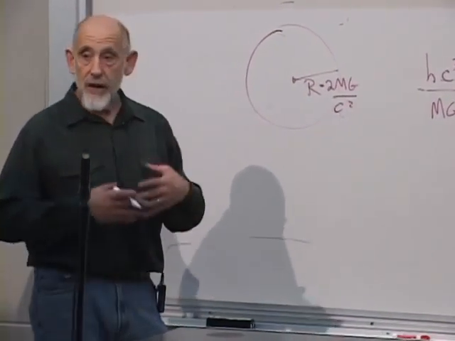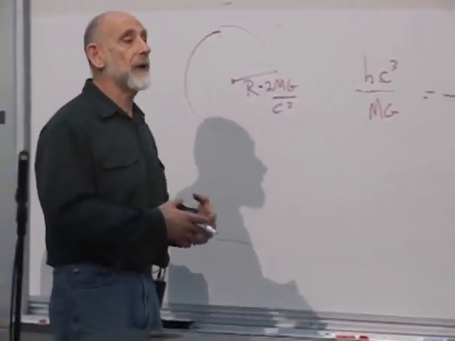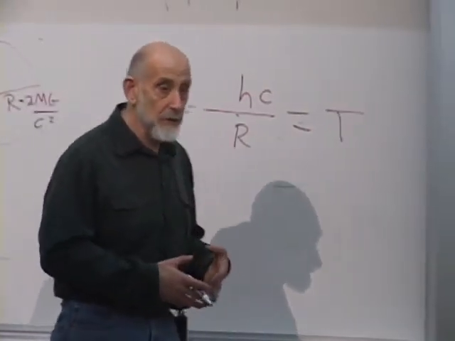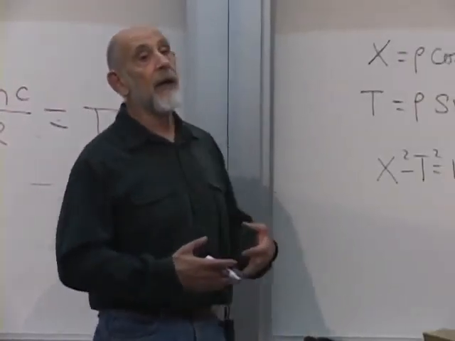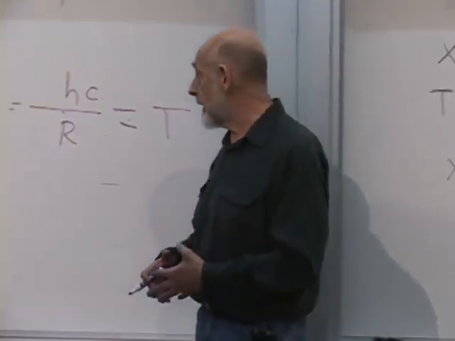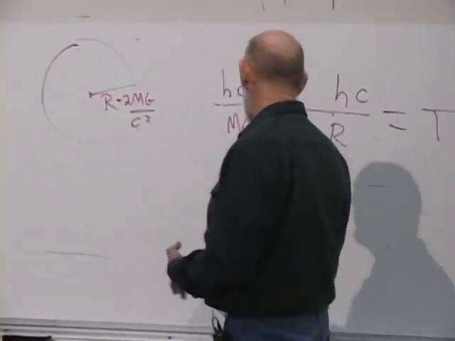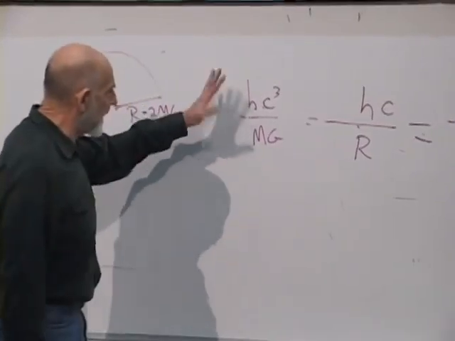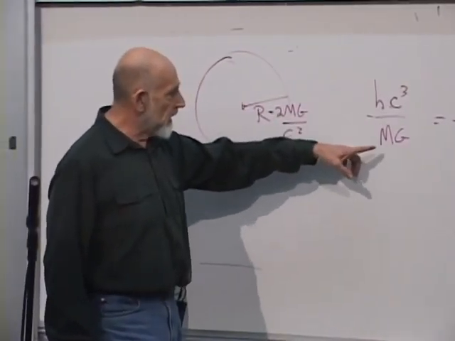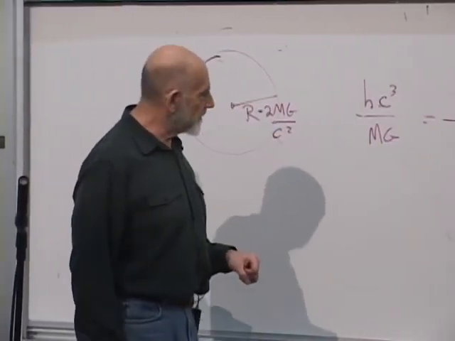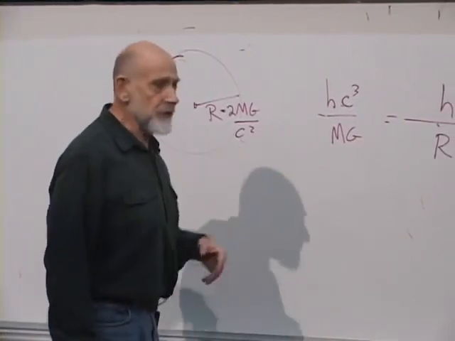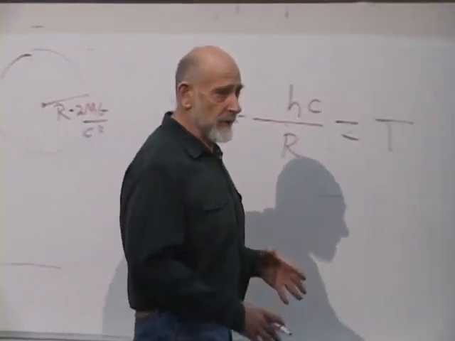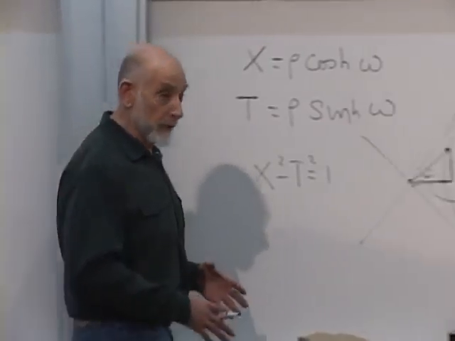So it's a thing which only happens because Planck's constant is not 0. It's another way of saying it's there because of quantum mechanics. c cubed, well, it's there for dimensional reasons. The mass is in the denominator. That's interesting. The bigger the mass of the black hole, the colder it is.